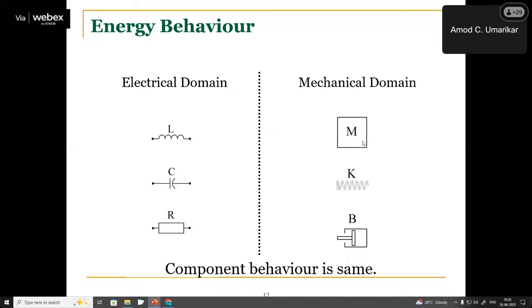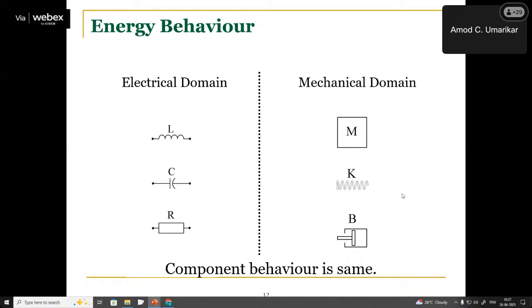So mass is storage of what? Inertia, or kinetic energy, right? Yes. Mass stores kinetic energy. Similarly, inductor also stores kinetic energy. That is, we can say that continuity of current is a kind of kinetic energy storage property. Or we can say that the current cannot change instantaneously in the inductor, whereas velocity cannot change instantaneously in the mass. That is the kinetic energy storage.